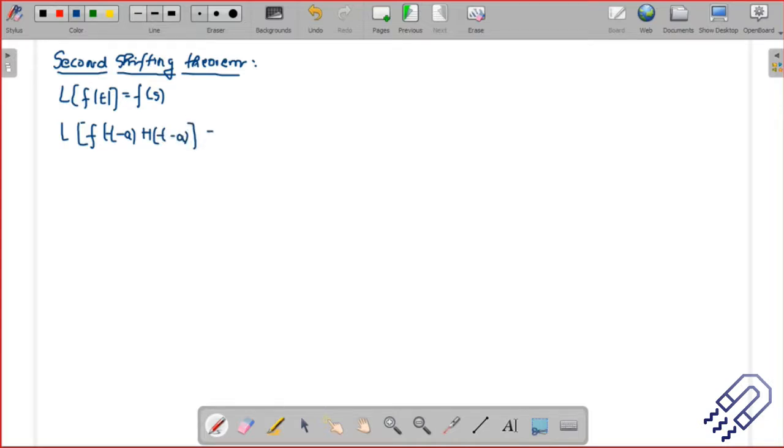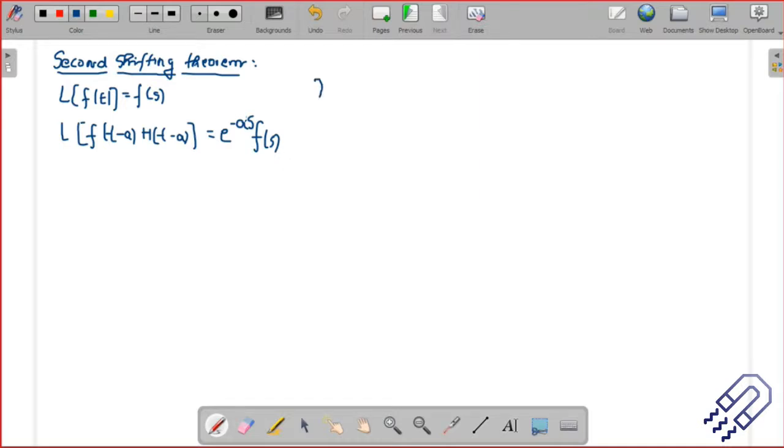The Laplace transform is given as e to the power minus as times F of s. Don't worry, we're going to do problems so that we understand what exactly it means and how we use it. That's your second shifting theorem.